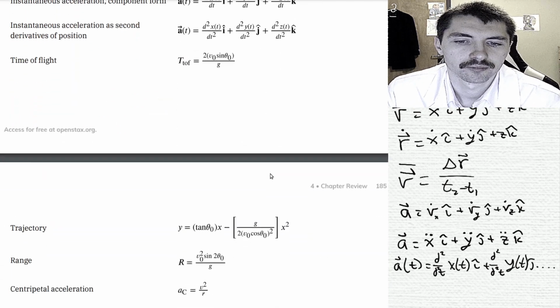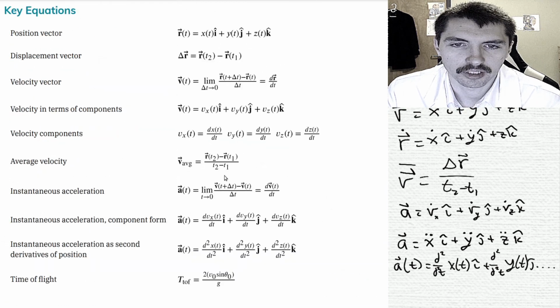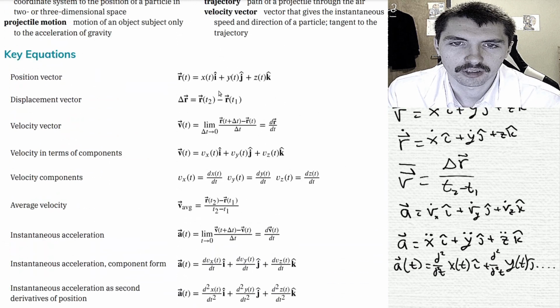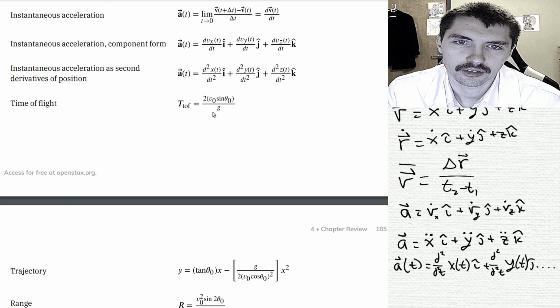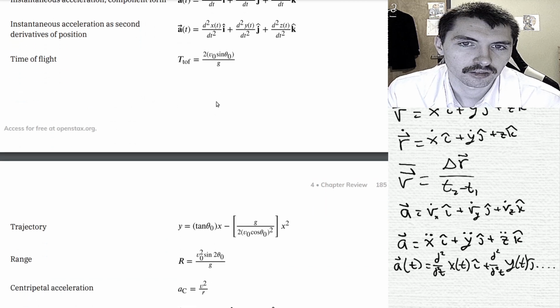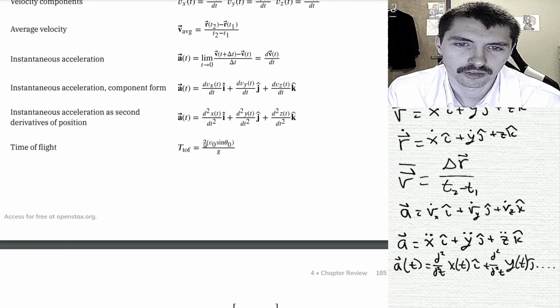So we got some new equations. Most of this is kind of review. But time of flight, definitely, that'll be one we need to remember. Maybe not remember, but when we do the homework problems, we'll probably be on this page.